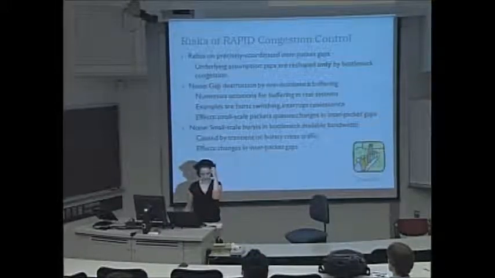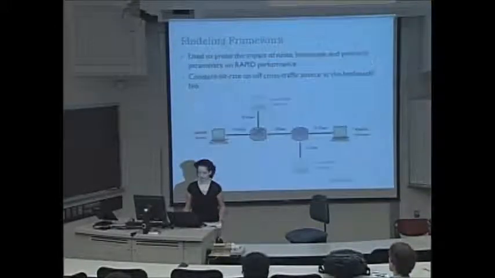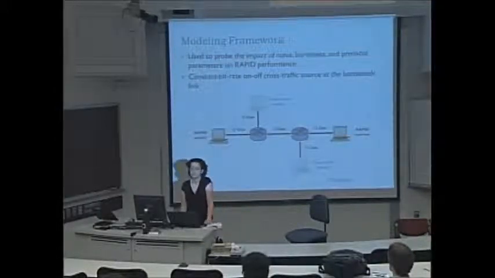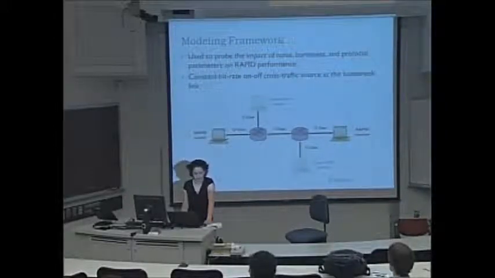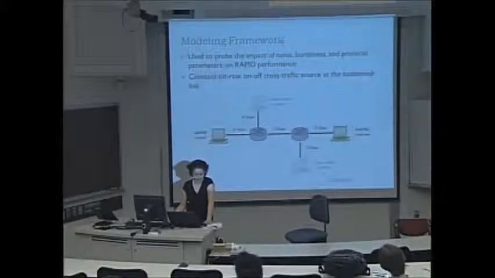So my objective this semester was to investigate how these small-scale bursts in bottleneck available bandwidth are affecting Rapid's utilization of the bottleneck link in a network. We wanted to set up a framework by which the effects of the cross-traffic noise can be explored. To do this, I used NS2, which is a network simulator, to set up a network topology in which a Rapid sender and a cross-traffic sender share one bottleneck link.